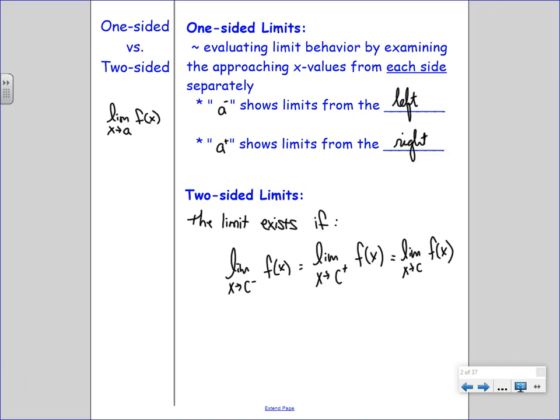I'm just talking about the limit. The limit as x approaches c of f of x is going to exist if the limit from below equals the limit from above. Does that make sense how I'm using notation to show what I used words for last year? If the limit from below equals the limit from above, then it equals the two-sided limit, the limit as x approaches c.